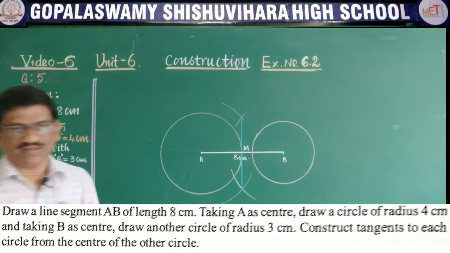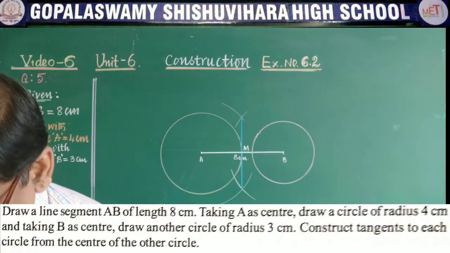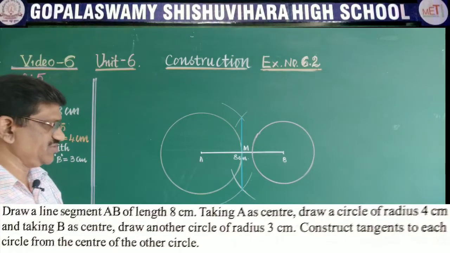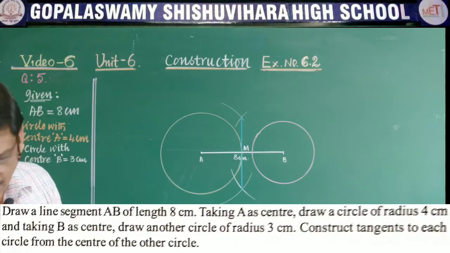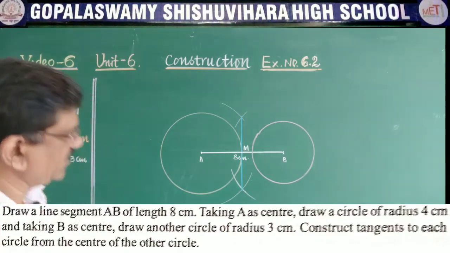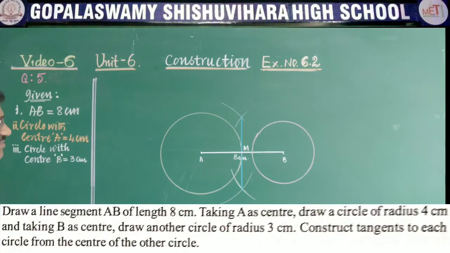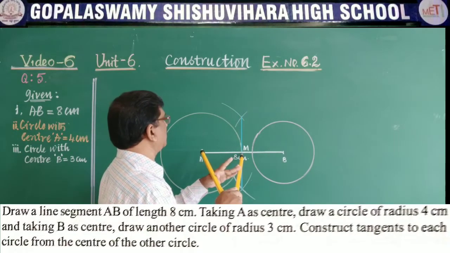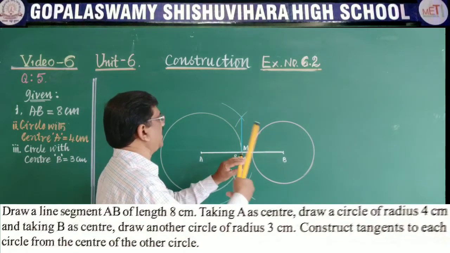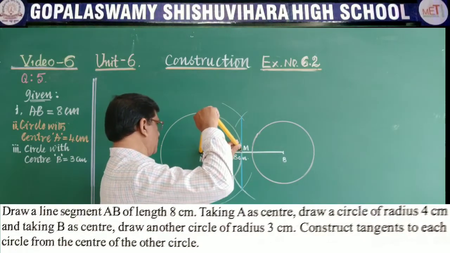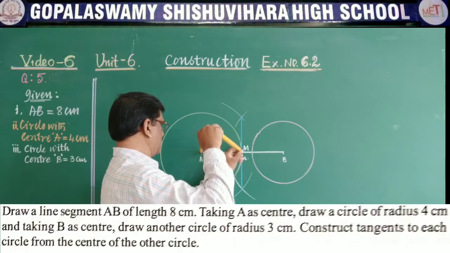Okay. So now, with M as a center, taking the radius of MA or MB, draw a circle.